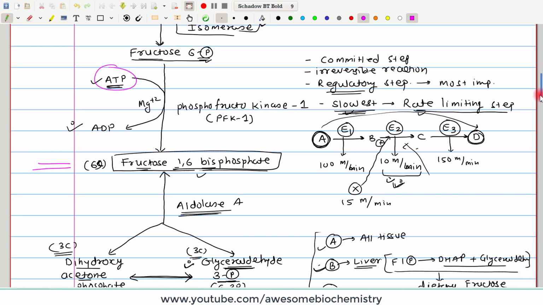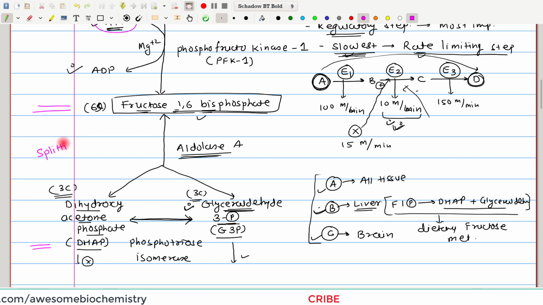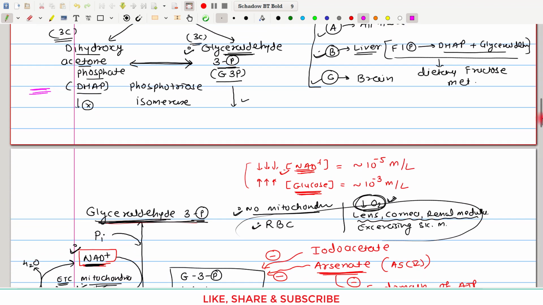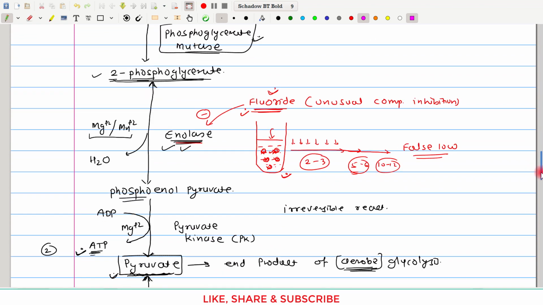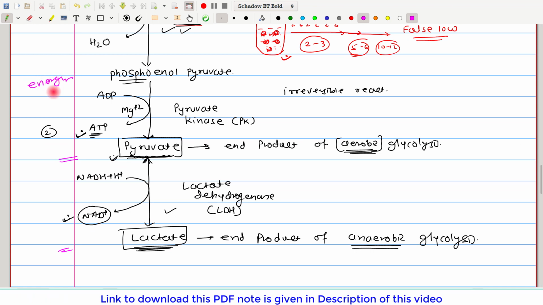Now, starting from fructose 1,6-bisphosphate to the splitting, we call it the splitting phase or lysis phase. And because of this splitting phase, we identify this pathway as glycolysis. And starting from this splitting till the ending with either pyruvate or lactate, we call it the energy generation phase.